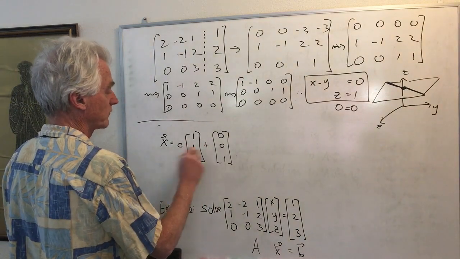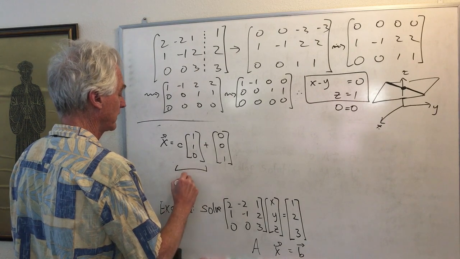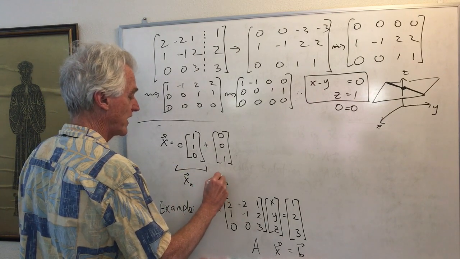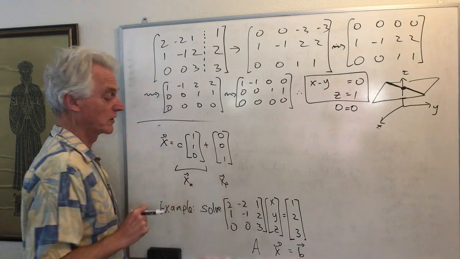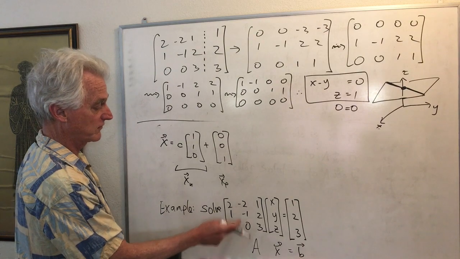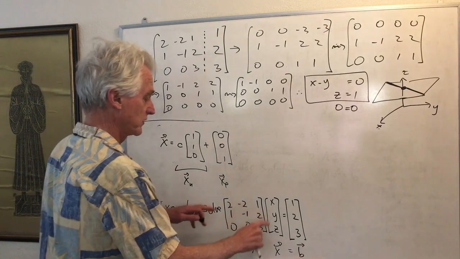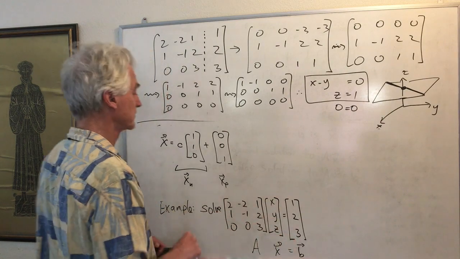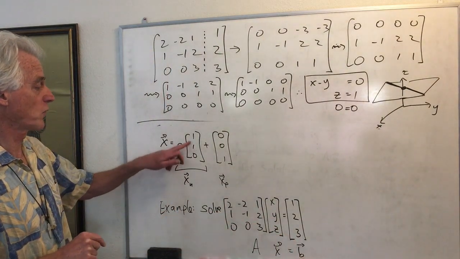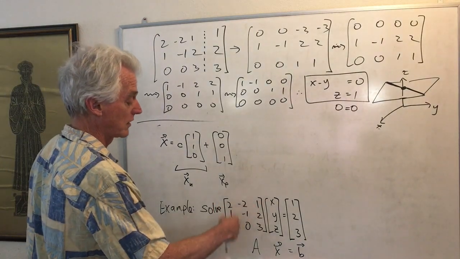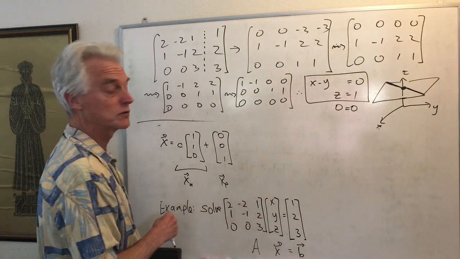This part here is going to be the xh vector. And this here is the xp vector. I found one solution to the system, 0, 0, 1. If I have 0, 0, 1, I multiply this, I get 1, 2, 3, just that works. And then this 1, 1, 0 is the general solution to this matrix times x equals 0.